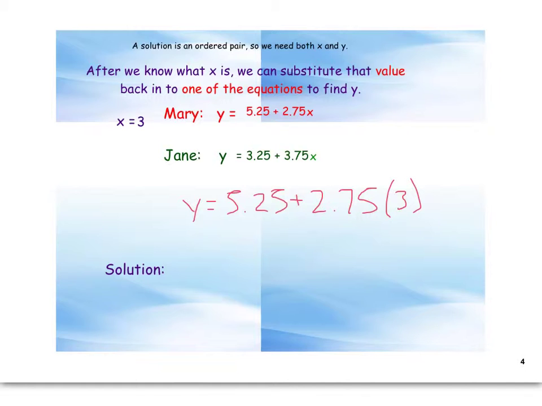And continuing to solve this, 3 times 2.75, we get 8.25 plus 5.25. Okay, and we end up getting y equals 13.5.